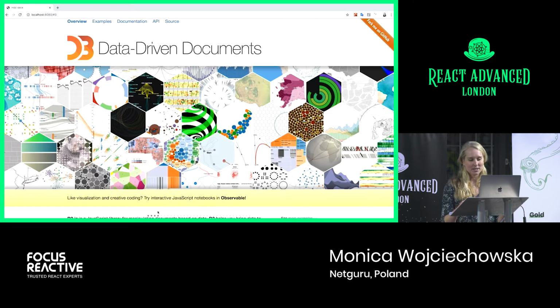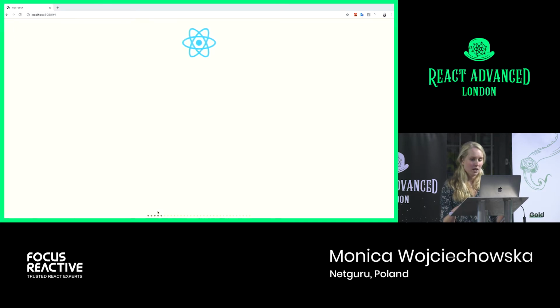So the possibilities are endless, as you can see just from their home screen and all of the intricate examples. And so my journey with programming really began in a backwards way because I knew D3 before I knew what HTML or CSS was. So since then, I've been hooked on D3, and today I'm hooked on D3 and React together.